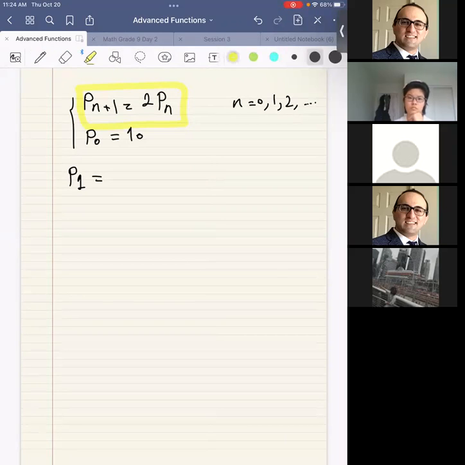Then that means P1 is equal to 2 times P0, which is 20, of course.